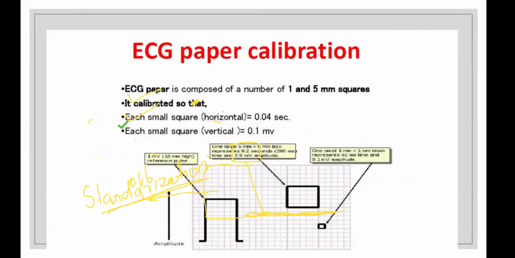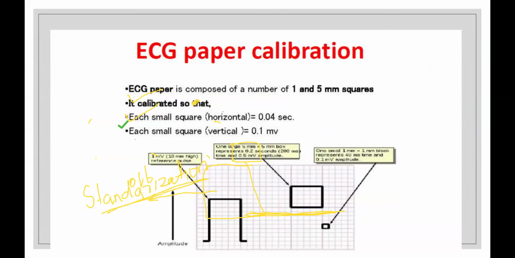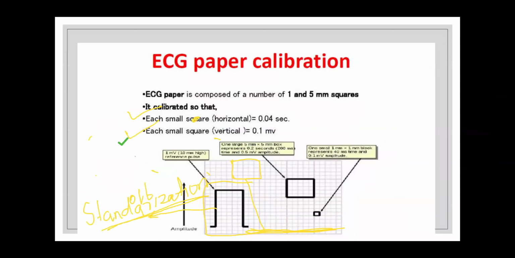Okay. So the normal standardization comprises 10 boxes vertically. In a standard ECG, the amplitude set on the machine should be equal to 10 boxes, which means two large boxes vertically, and horizontally it should comprise 5 boxes. So the speed will be 200 milliseconds, which we just discussed.